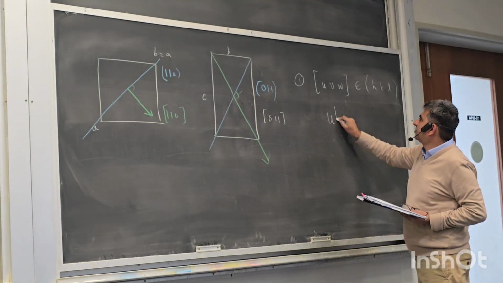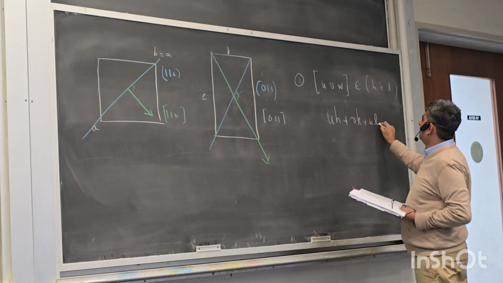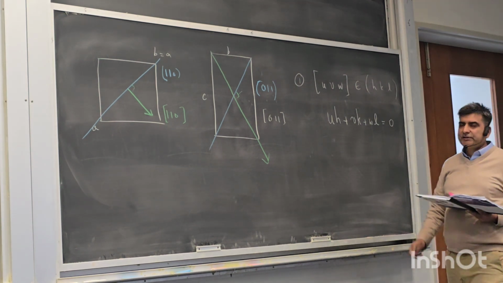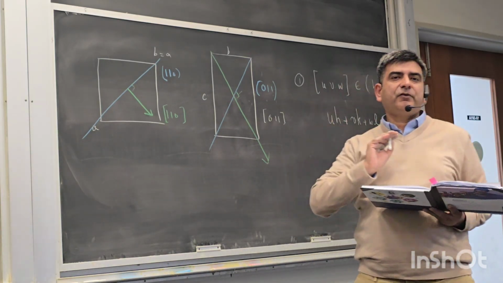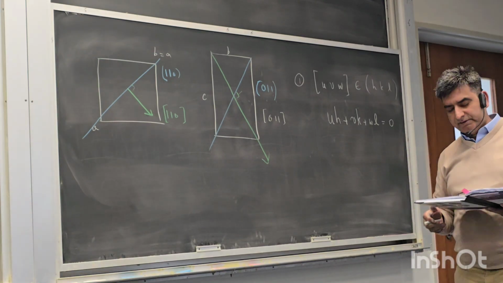If UH plus VK plus WL is 0. Right? So these ideas come out from simple geometry, and this is valid for any crystal system, for all the 7 crystal systems.